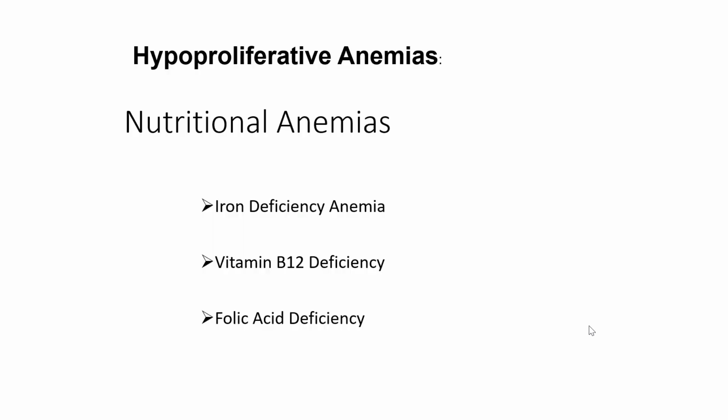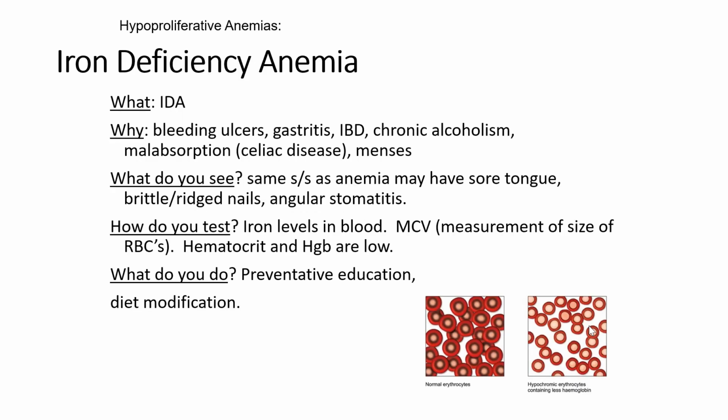So first, the hypoproliferatives. These are usually due to some sort of nutritional deficiency. I think most nurses are familiar with iron deficiency anemia. Most often who succumbs to this are women, particularly who have large losses of blood due to menses, bleeding ulcers, chronic gastritis, inflammatory bowel disease, chronic alcoholism can contribute to it, and just malabsorption, perhaps from celiac disease.